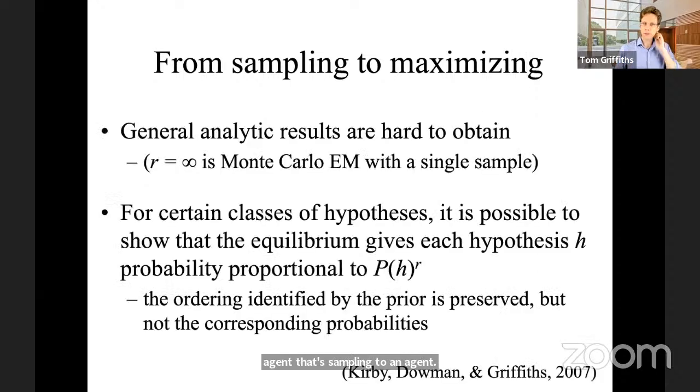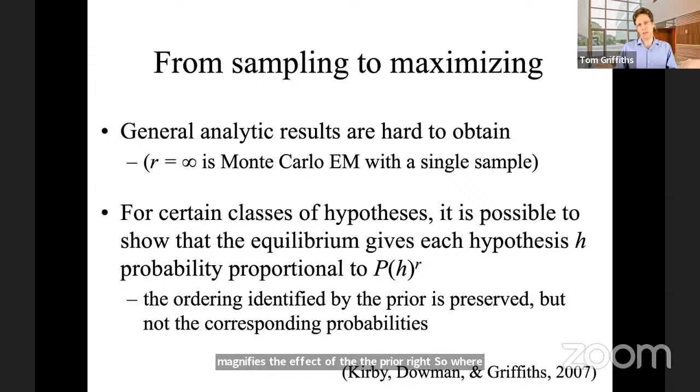What you can show is that if you make this change from sampling to maximizing, from learners who are just generating samples from a posterior distribution to learners who are just producing the best solutions, and things like neural network algorithms do something more like that than sampling, then the equilibrium that you converge to is one which magnifies the effect of the prior, where the prior itself is exponentiated in that same way.